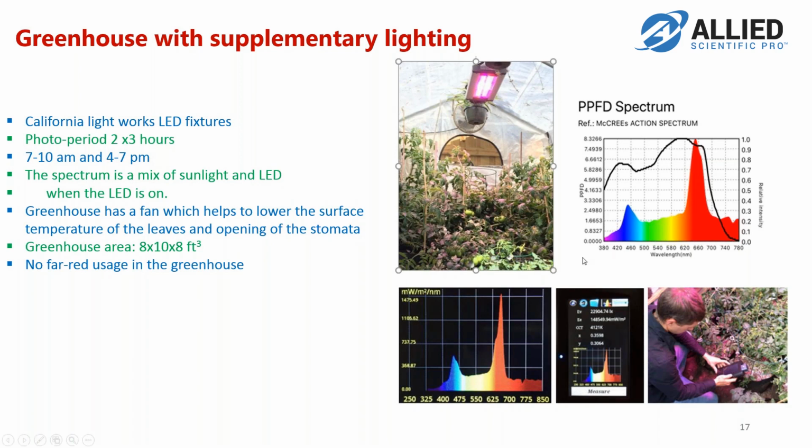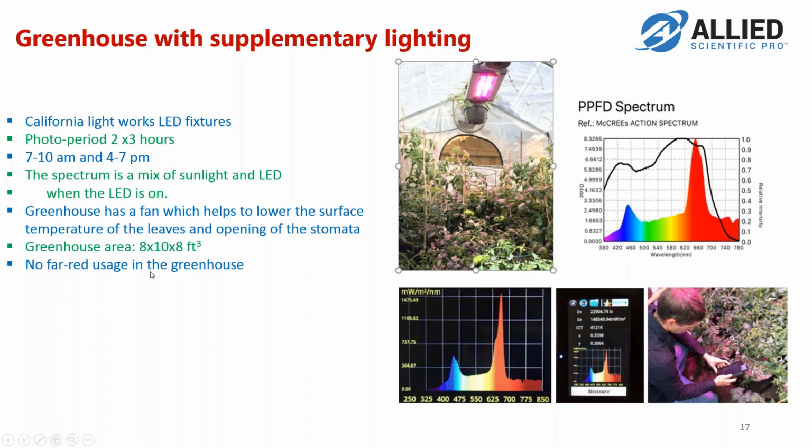So the spectrum is a mixture of the LED lamp and the sunlight, which has been measured by SRI 2000 here, and also by the lighting passport over here. And it's the black body radiation of the sun superimposed on the red and blue peaks of the LED.